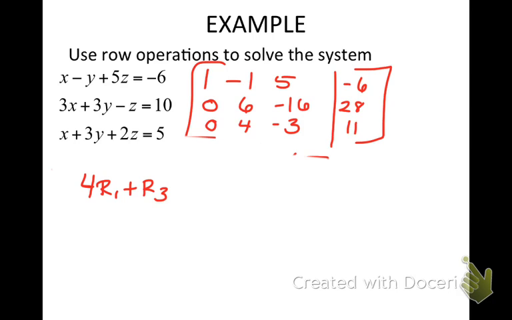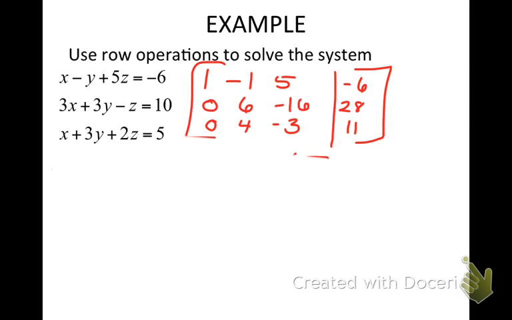So this is where our fractions are going to become our friends. I need to use a combination between row 2 and row 3 to eliminate that 4. So what do I multiply 6 by to get to a 4? -2/3.